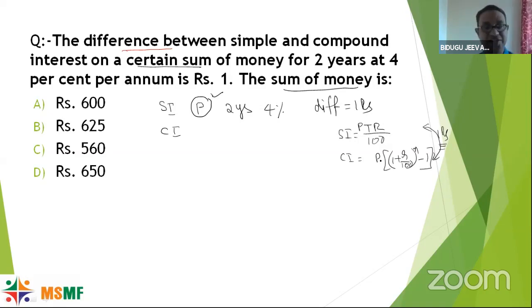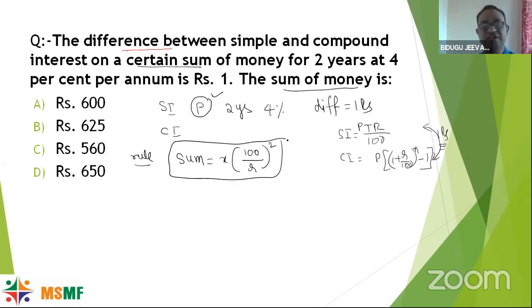Kabir bhai, you shared the answer 600. Let me give the rule for this. Sum is equal to x into (100 by r) whole square. It is a rule whenever the difference of SI and CI is given, where x is the difference. The sum P is not given, of course, that we have to calculate.